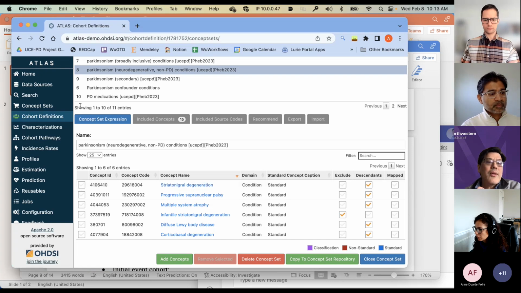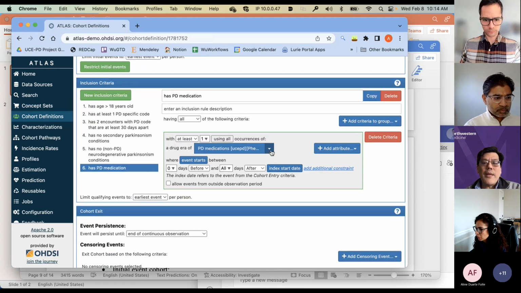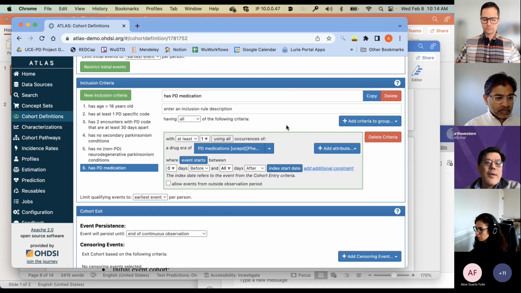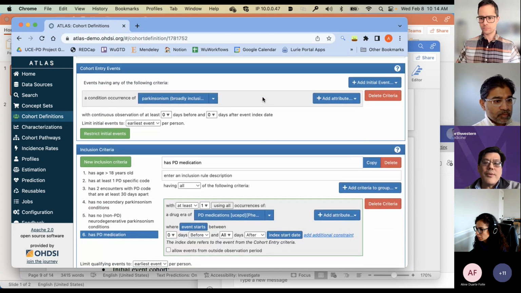So I checked all these. I have to go back here. And then there's a PD medication. I have a curated list here of the medications. And that's it. That is the unanimity algorithm that got published with a little bit of interpretation and ready to go, minus some other corrections.